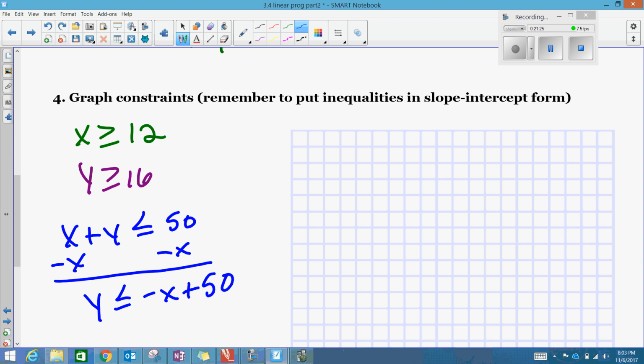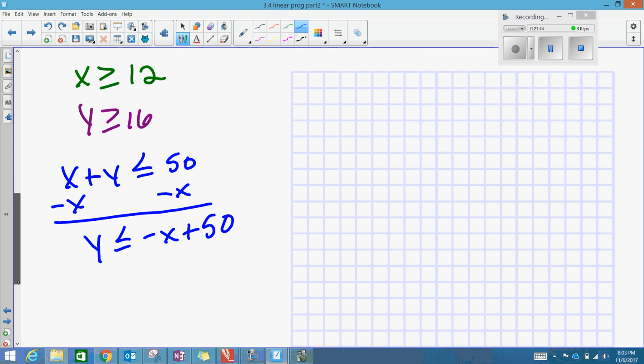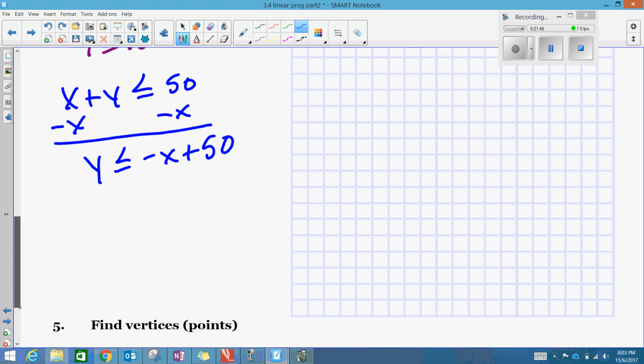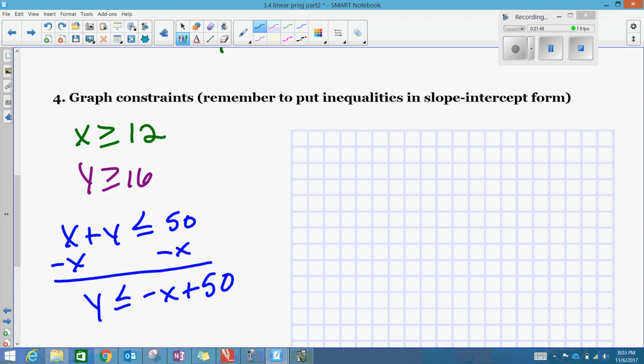So we've only got 20 boxes, and we need to go to 50. We can't do 2s, so let's do 5s. It's going to be a little tricky, but let's try 5s.